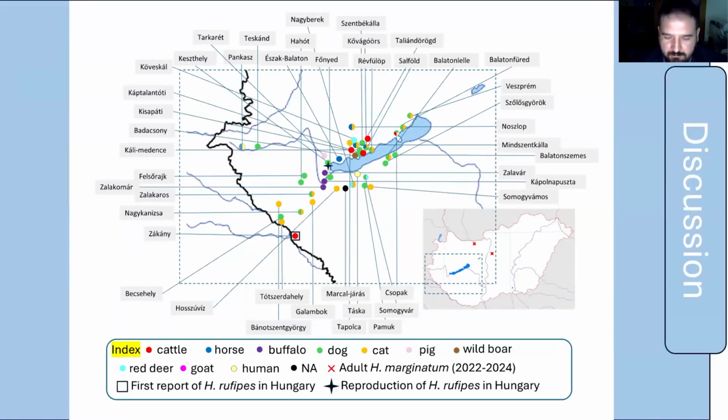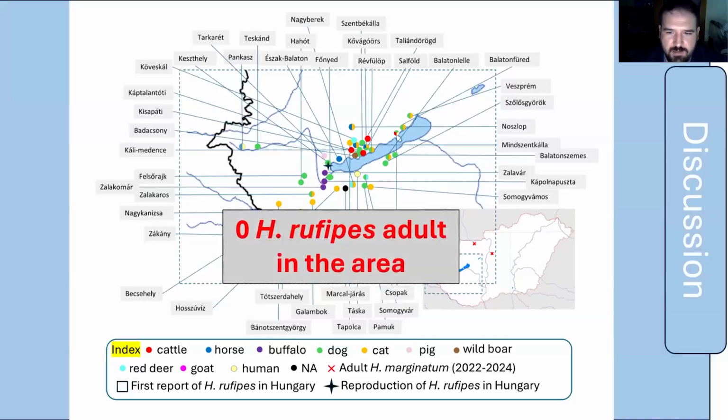But despite our efforts, we found 0 Hyalomma rufipes adults after we discovered the population, which means that the population may not be able to survive. Nevertheless, it was the first report of reproduction of Hyalomma rufipes under European circumstances, but it was not able to survive.